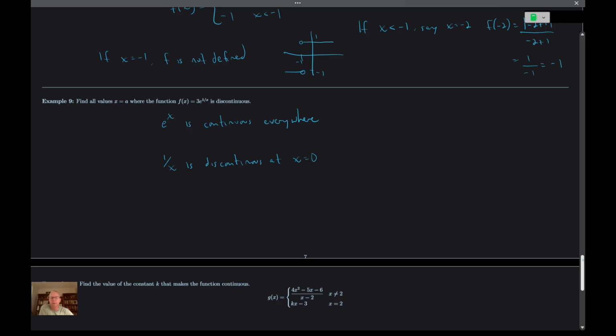So this is continuous everywhere, but we don't have e to the x. We have e to the 1 over x. 1 over x is discontinuous at x equals 0, so e to the 1 over x is discontinuous at x equals 0. And then, of course, 3e to the 1 over x is also discontinuous there.